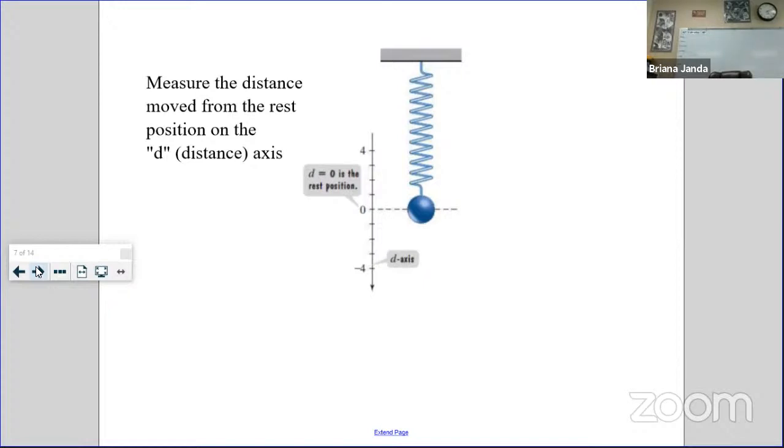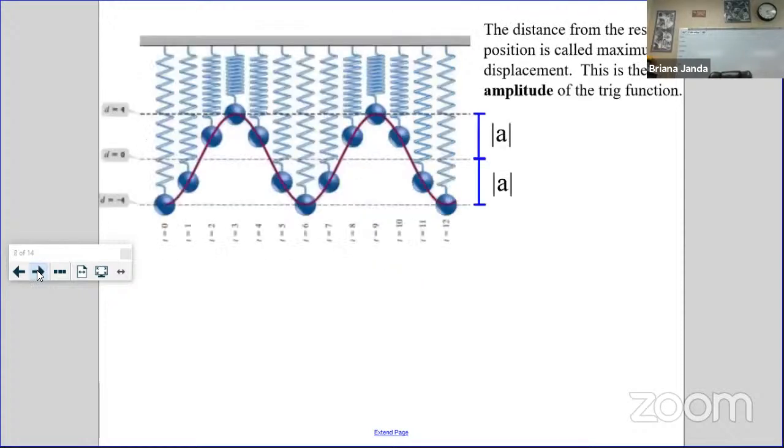And the axis next to it measures how low it goes or high it goes above that resting position. To us, as we look back at our trig functions, that would be our midline, and then our minimums and maximums. And so we can find our amplitude from that, which you're seeing here.